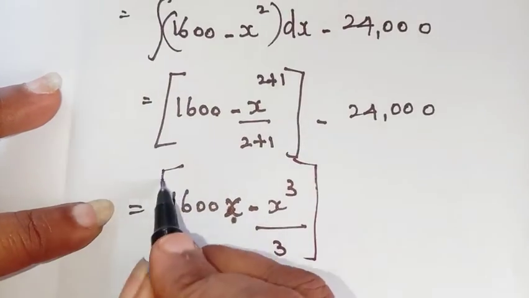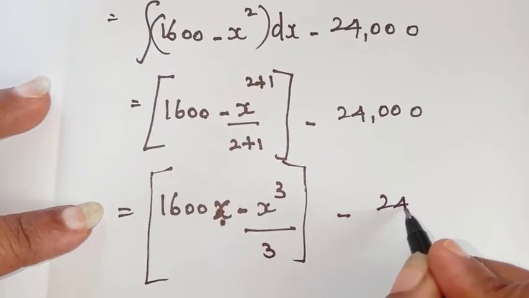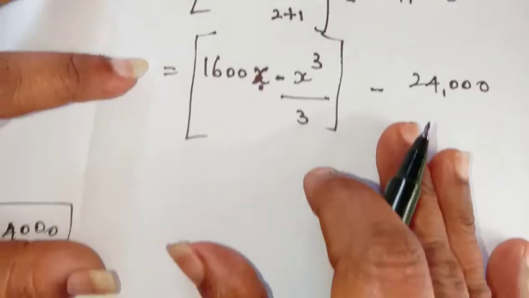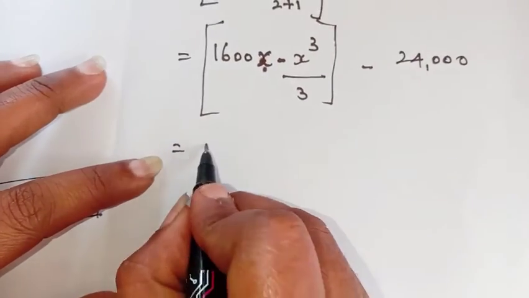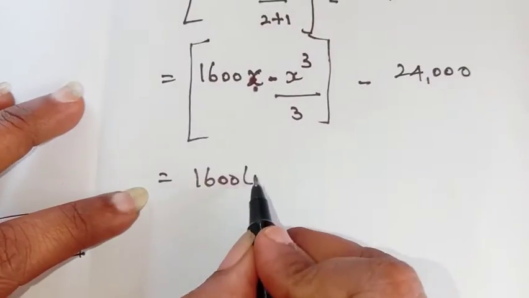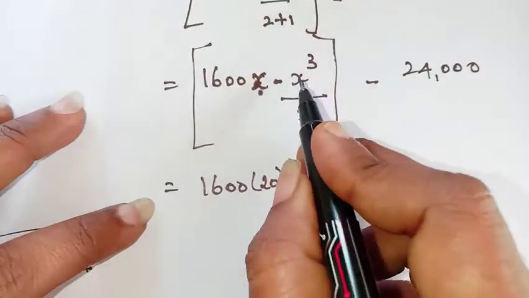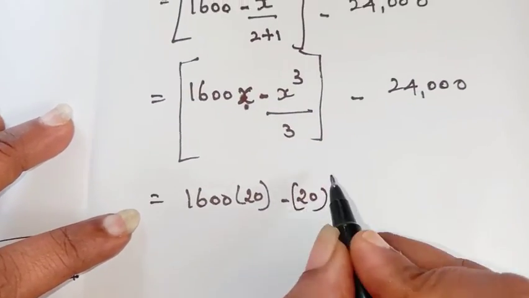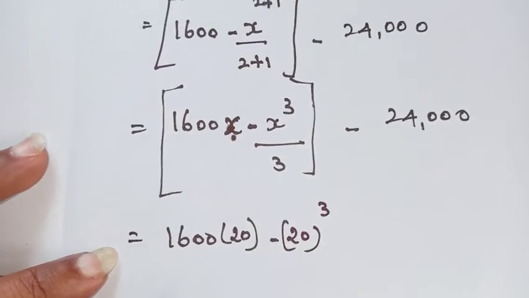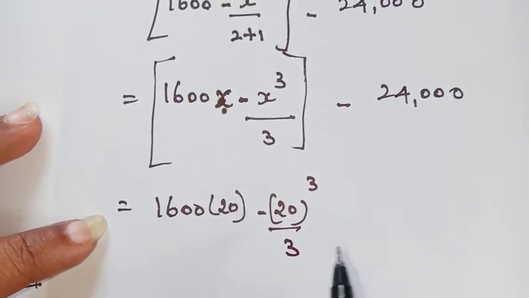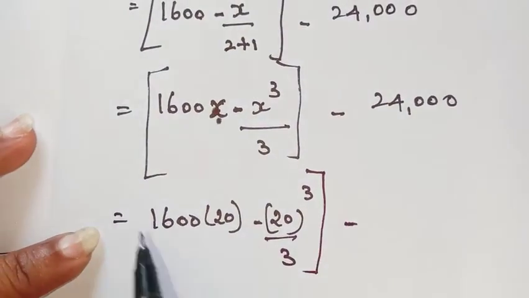Close the bracket, minus 24,000. Next, this equals 1600 times 20 minus 20 cubed divided by 3, where the value of x is 20, which we have already found.